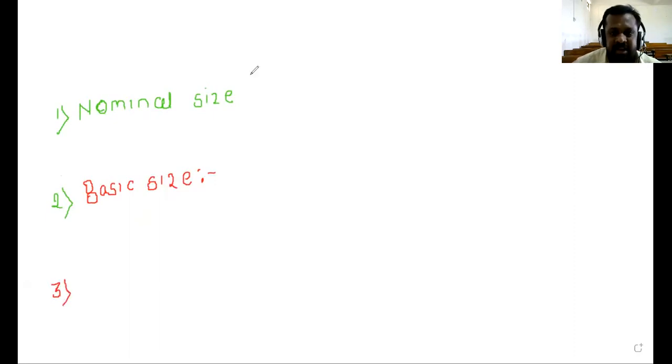Does anybody have any idea regarding that? When can we call it the nominal size, when can we call it the basic size, and the last is the actual size.